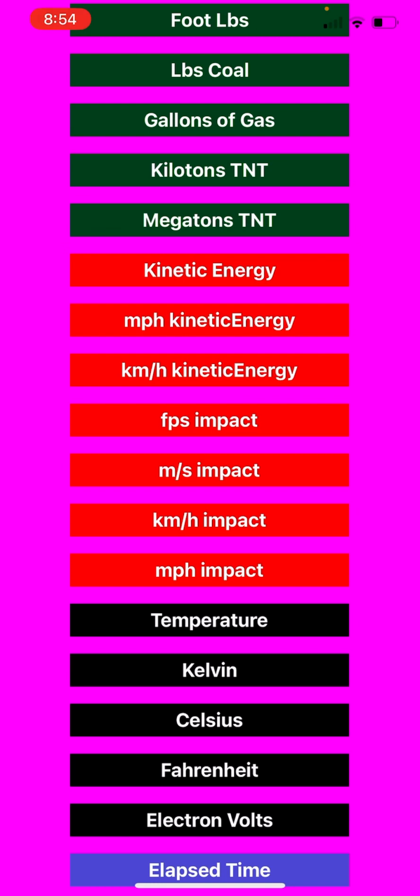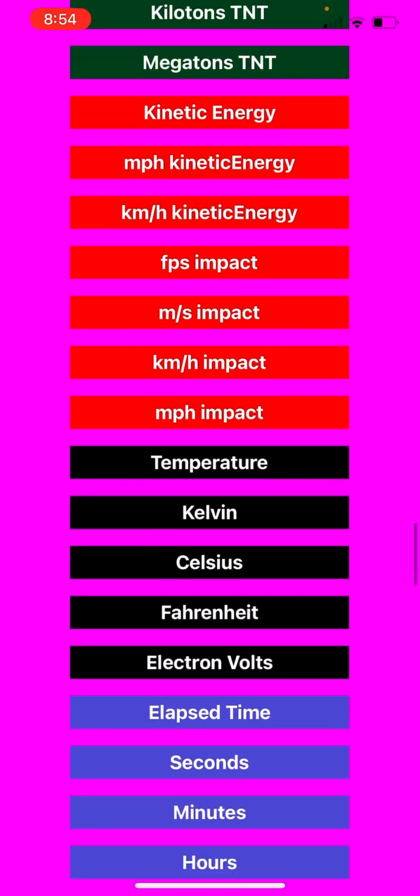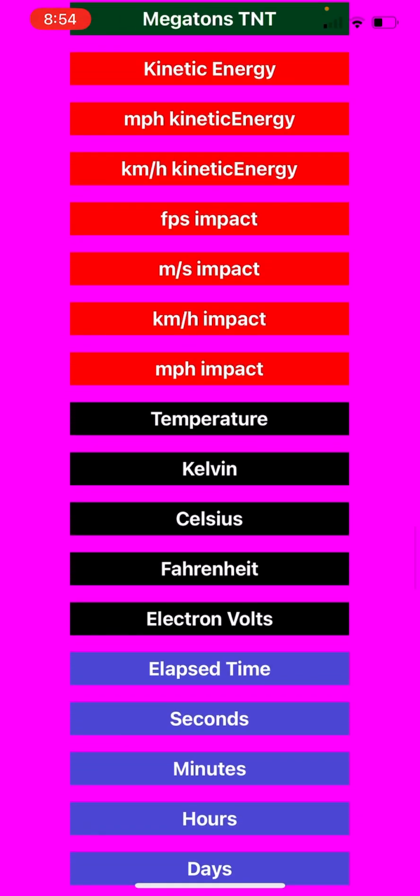It's a lot easier for people to get their head around when they have that as a unit, because they actually use that on Wikipedia for some articles. And then we have kinetic energy, so studying, like, a speeding car, how much energy is in that, or foot-pounds of impact, such as a bullet hitting a target or a ball falling off a building.